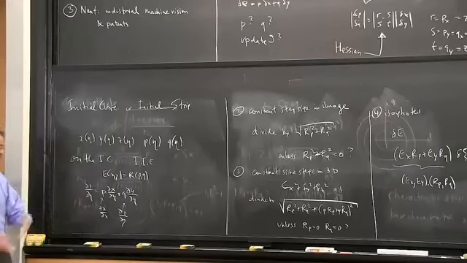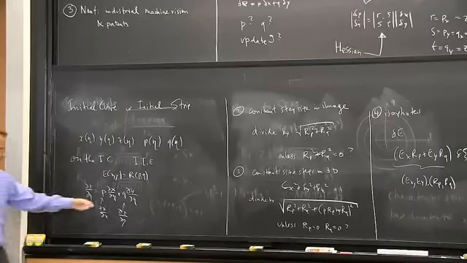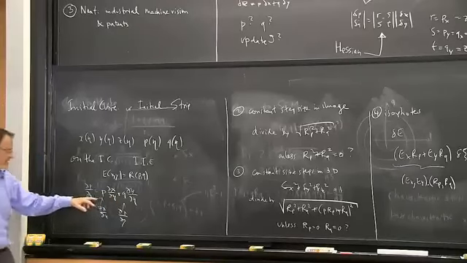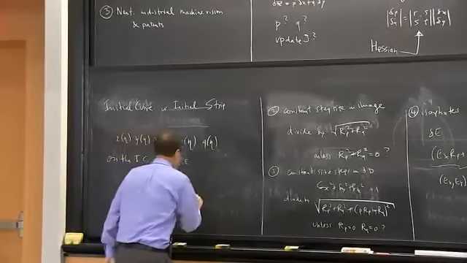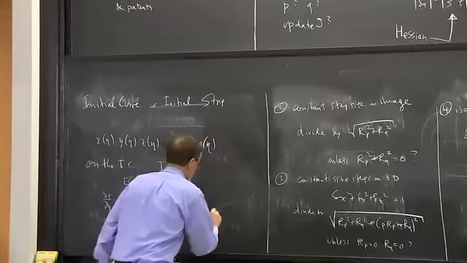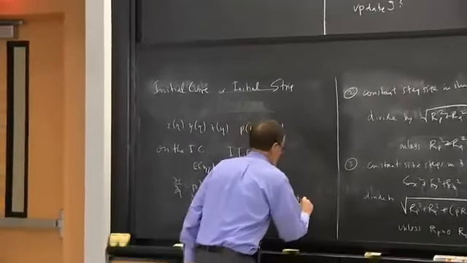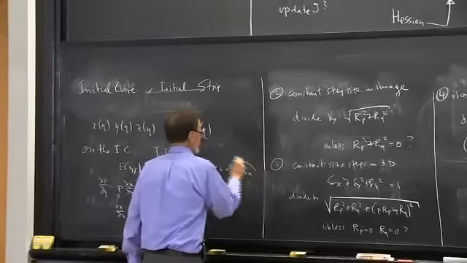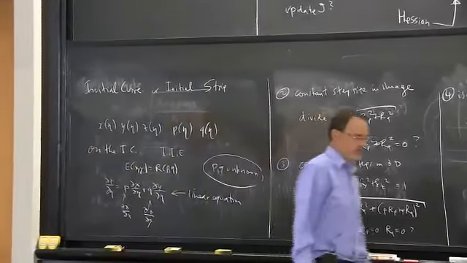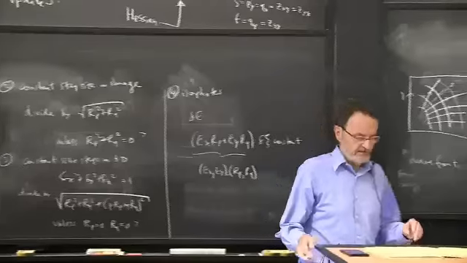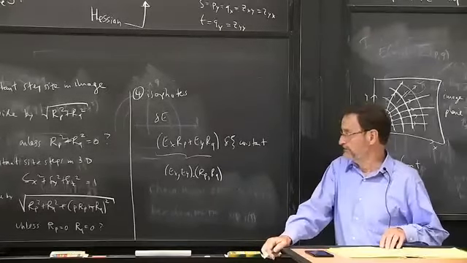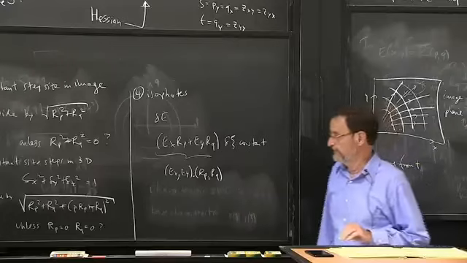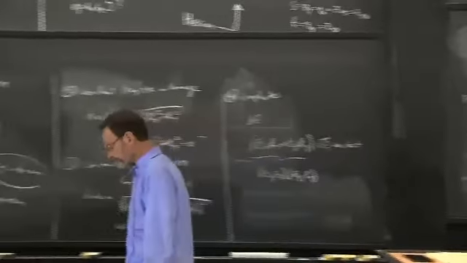And since someone magically gave me this initial curve, I can compute these derivatives, dx d eta, dy d eta, dz d eta. And amazingly, this is a linear equation. So what's my job? My job is to recover the unknowns p and q. And I have two equations, two unknowns. And so there we are. I can solve for p and q.